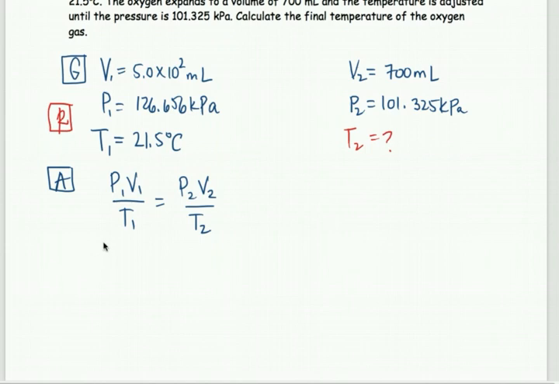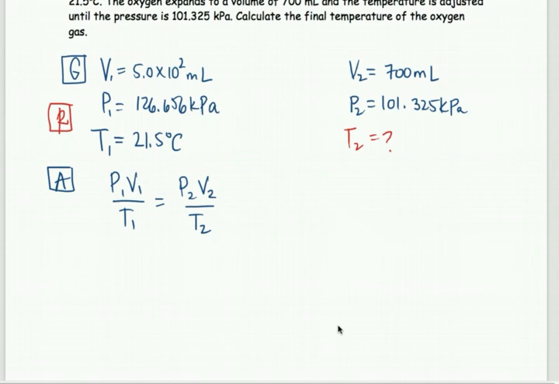So we need to solve for temperature, and temperature's at the bottom. Whenever you have a variable at the bottom of an equation, it's a little tricky to solve for, even in math.